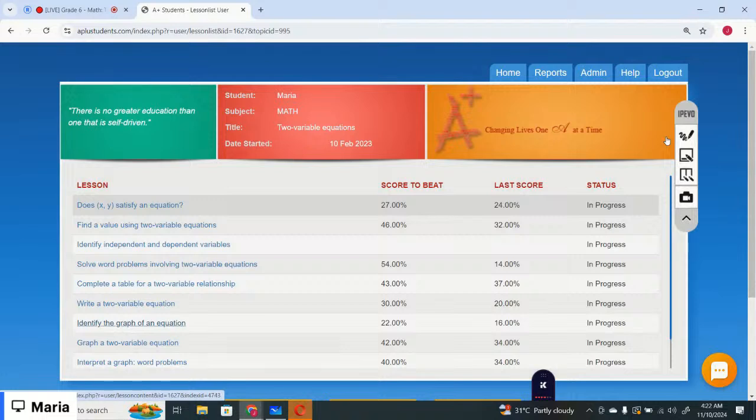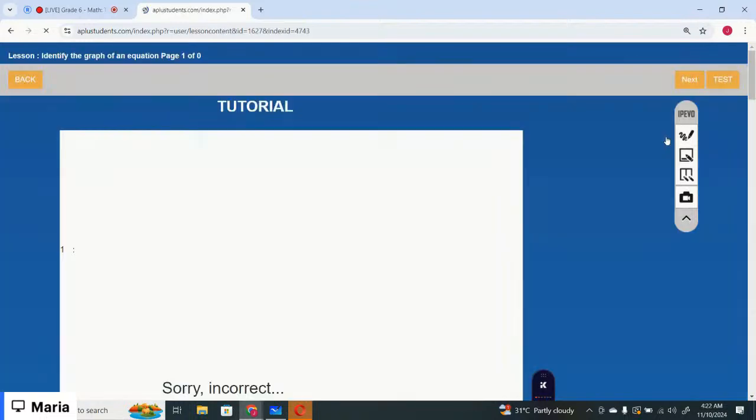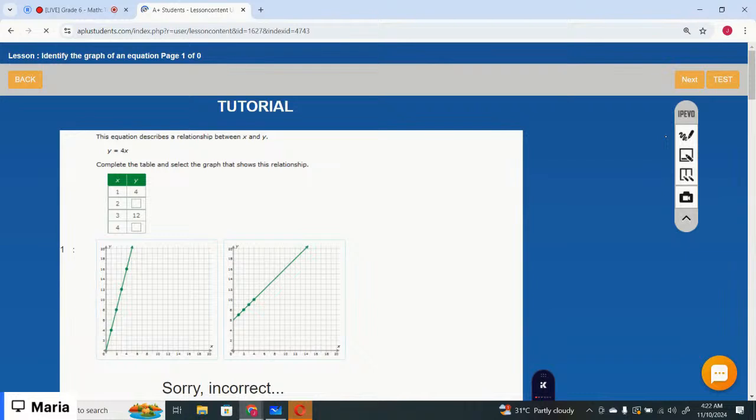The next lesson is identify the graph of an equation. The equation describes a relationship between x and y: y equals 4x. Complete the table and select the graph that shows the relationship.